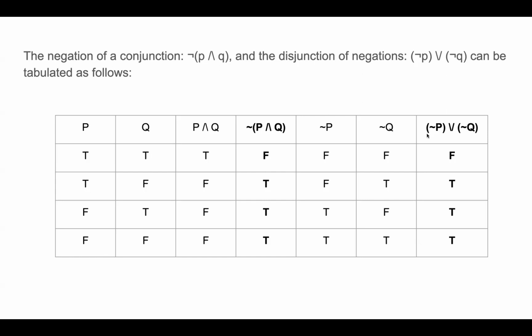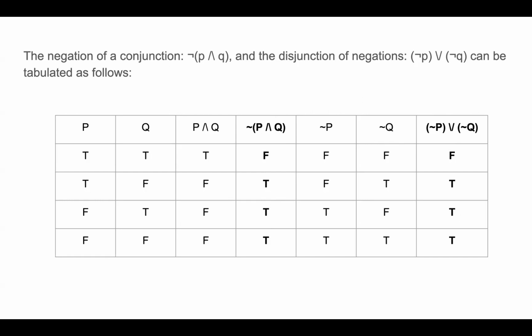Okay. So here we can observe that this column, negation of (P and Q), is F, T, T, T. And the last column, negation P or negation Q, is also F, T, T, T. We can see the fourth column and the seventh column are both the same.